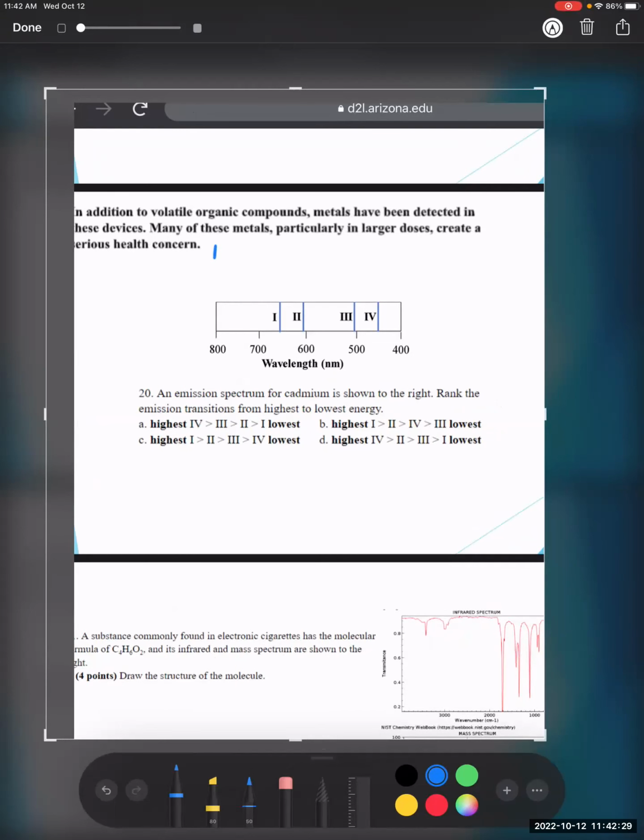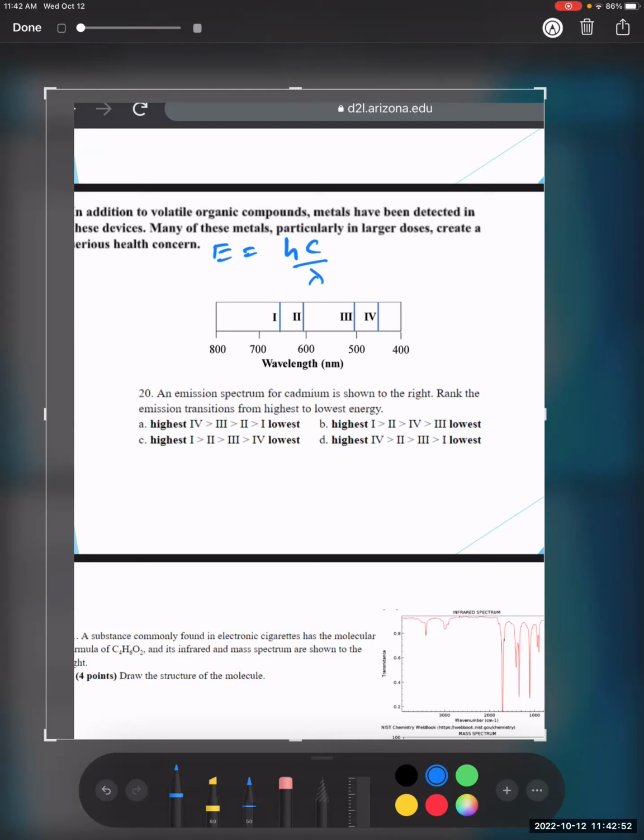energy is equal to hc over lambda, right? That means energy and wavelength are inversely proportional to each other. So the longer wavelength should have a smaller energy, and the shorter wavelength has a higher energy.